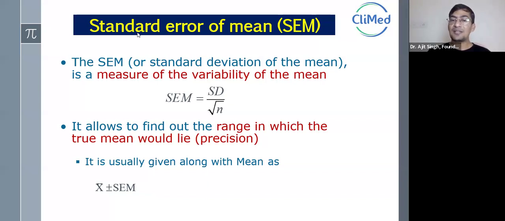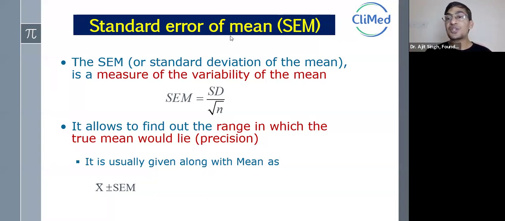SEM is nothing but an extended measure of variability of the mean, and it is the precision. If you want accuracy, don't go for SD, go for SEM. SEM is always accurate. SEM is always less than SD, far less than SD, almost 10% of the SD only.